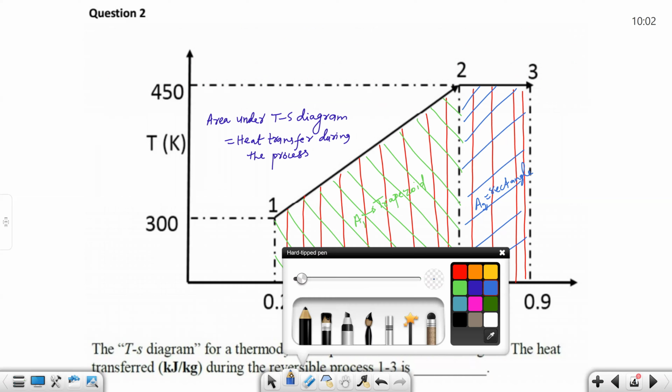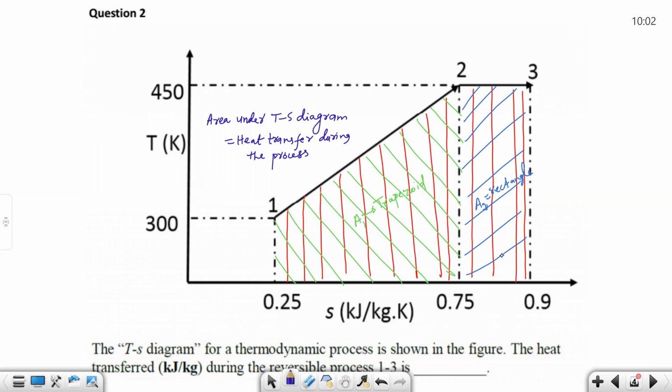Now the area A1 is a trapezoid, right? We take this height as 300 Kelvin, and this height 450 Kelvin.